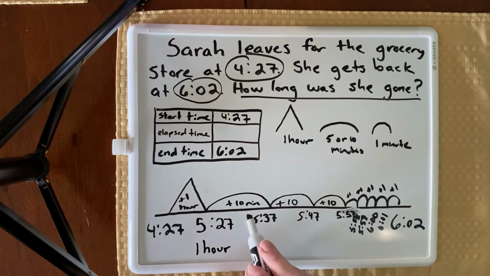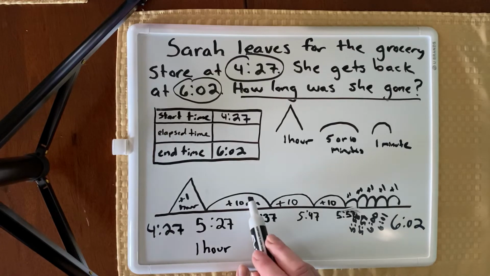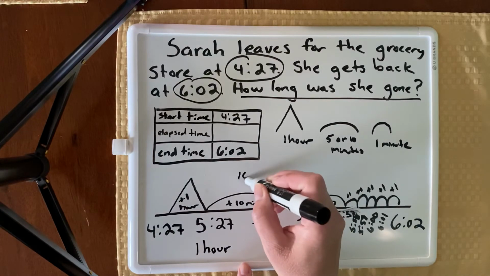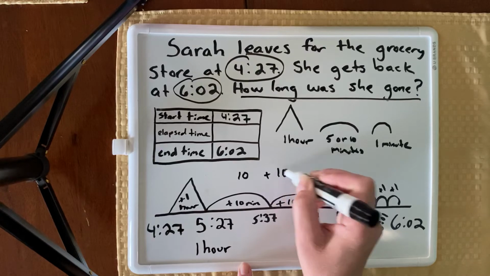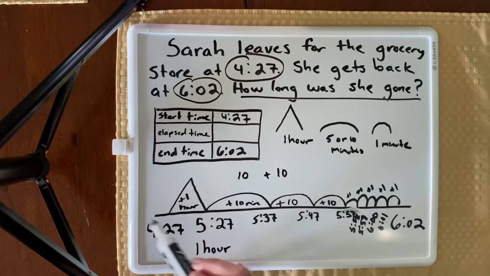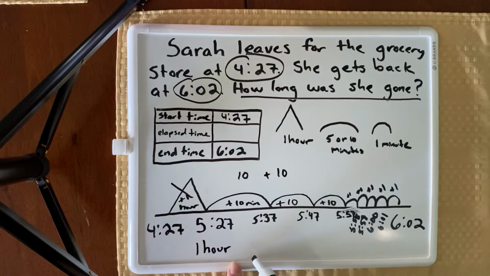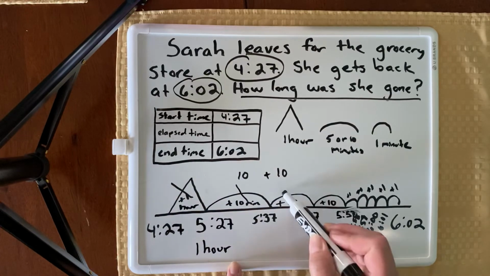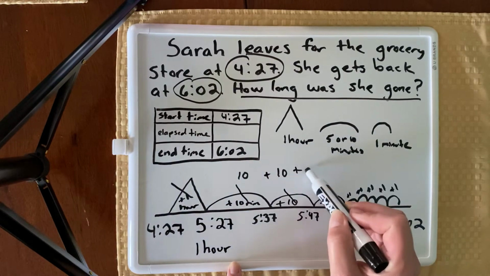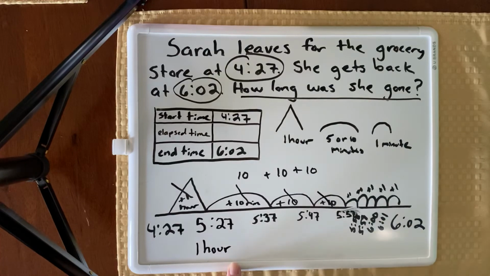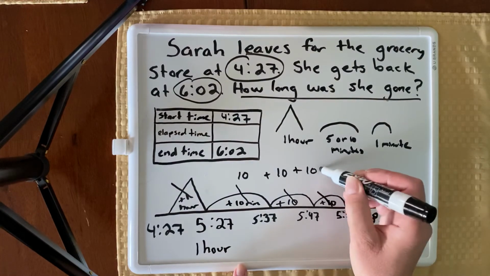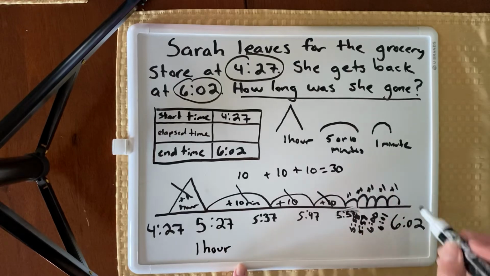Now I can add all of these up. I know 10 plus 10. In fact, I'm going to put a little line through so that I know that I've added them. I've done my 1 hour. I've done that 10 and that 10, plus another 10 is equal to 30.